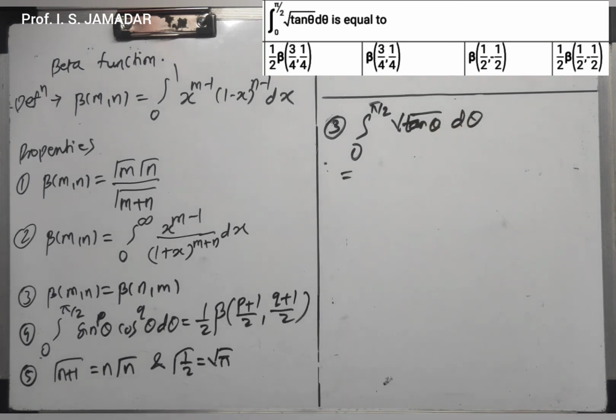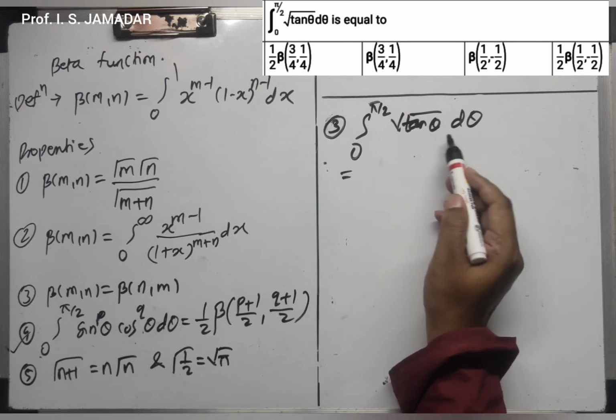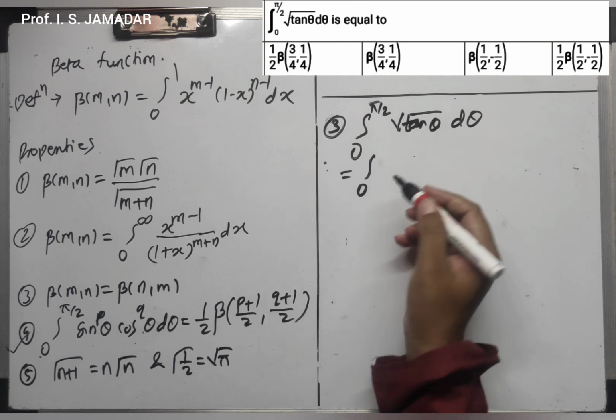Now you can see that here I have to use property number 4, integration 0 to pi by 2 of sin raised to p into cos raised to q. Before that, tan we can consider as sine upon cos, and root is raised to 1 upon 2.